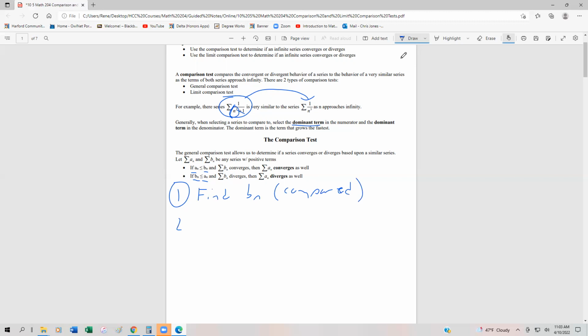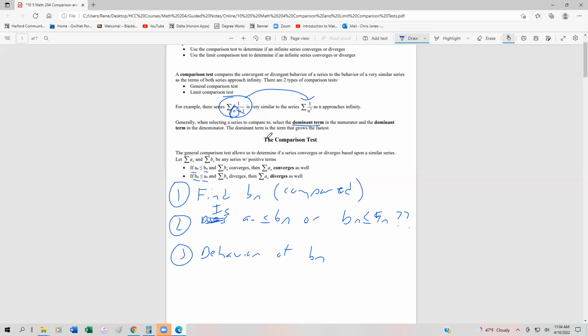After that, you're going to see, is a sub n, the terms in sequence a sub n, less than or equal to b sub n, or is b sub n less than or equal to a sub n? And then finally, you're going to find the behavior of b sub n. Those are the 3 steps for our comparison test.